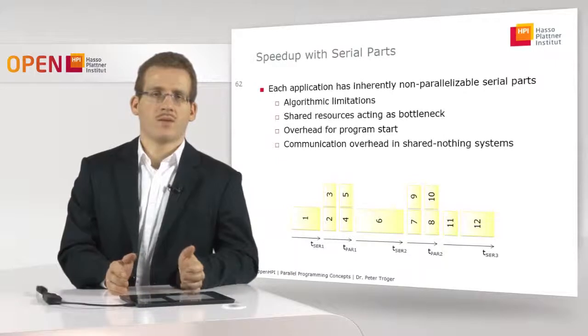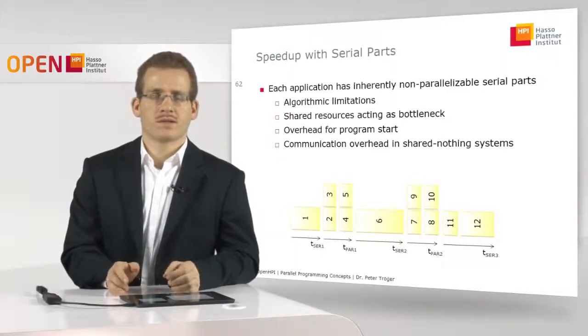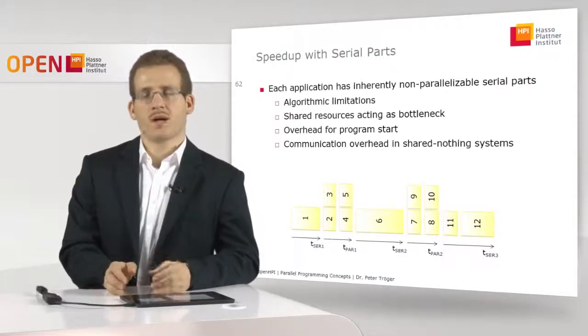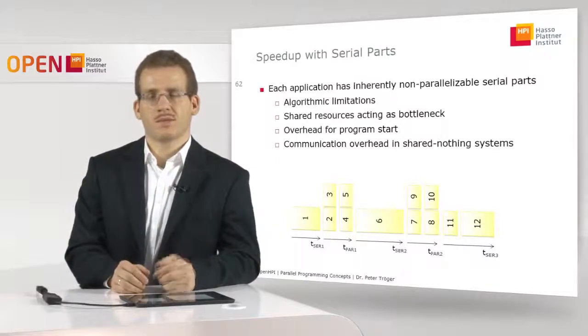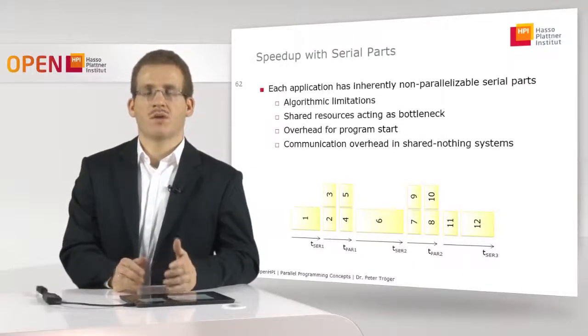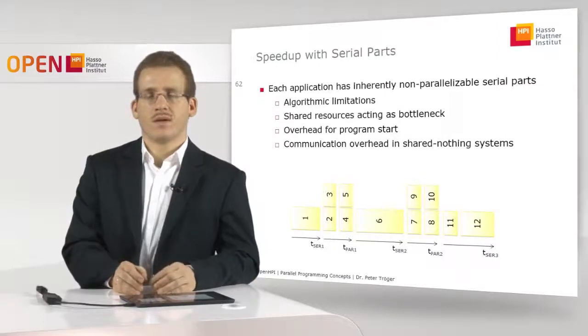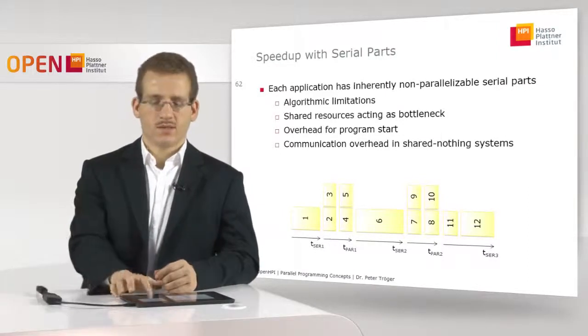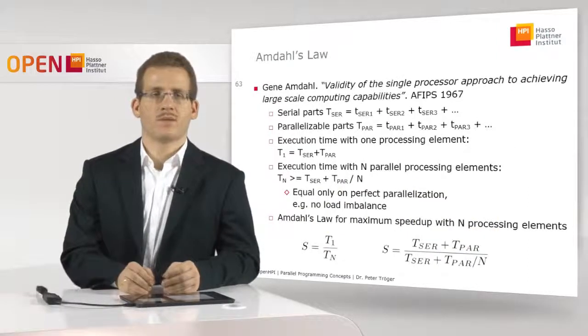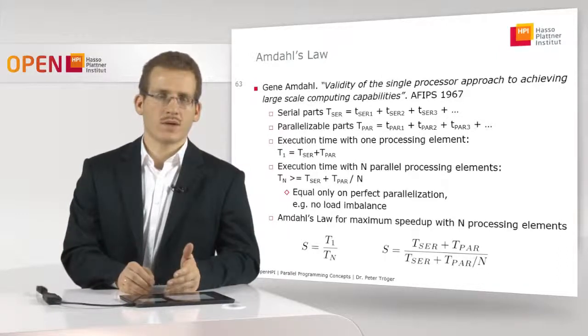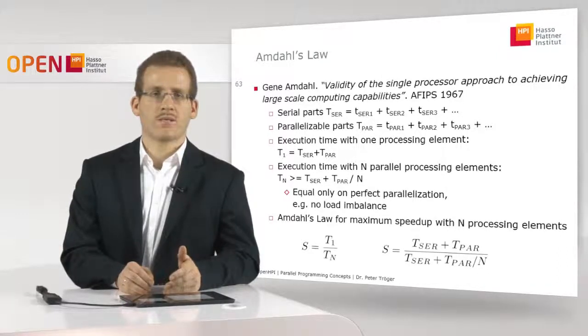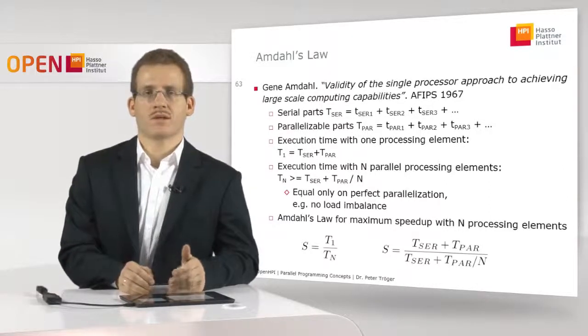So in real life, software applications consist of parallel and sequential parts. That's the one aspect of speedup. And the second thing is they may not all be equally long. If we now take these two things and combine them, we end up with a situation where you have to consider both aspects in order to figure out how good you can get with a particular speedup.